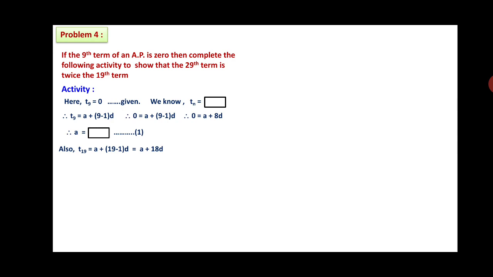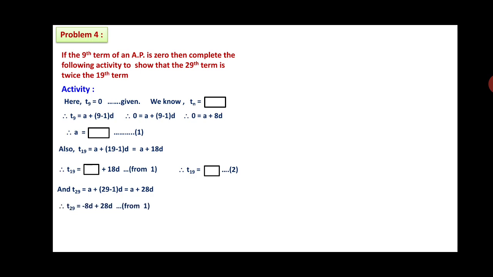Also, T19 is equal to A plus 19 minus 1 into D. Again, n here is considered as 19, which will be A plus 18D. Therefore, you can write T19 is equal to whatever value comes in the box plus 18D, from 1. T19 is equal to whatever the value comes, second. And T29 is equal to, again by putting n equal to 29, you get the equation T29 is equal to A plus 29 minus 1 into D, which will be A plus 28D.